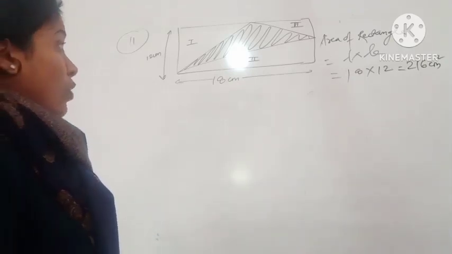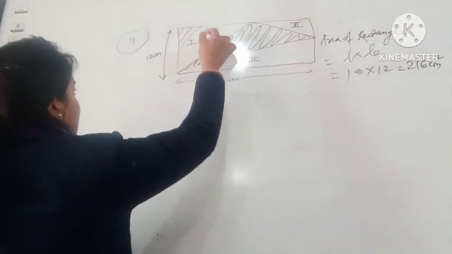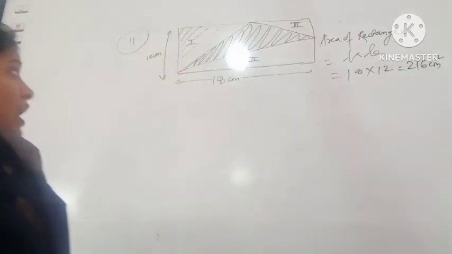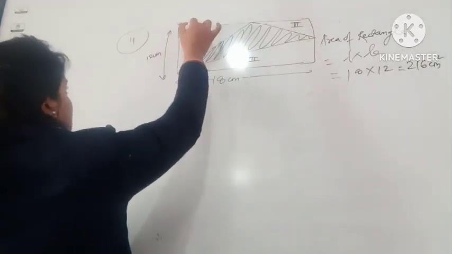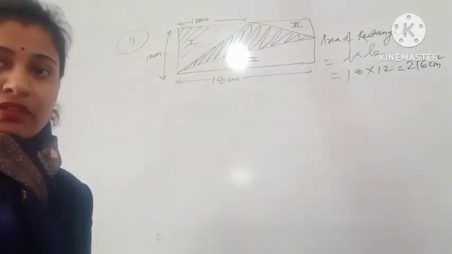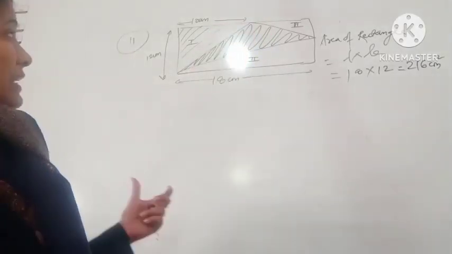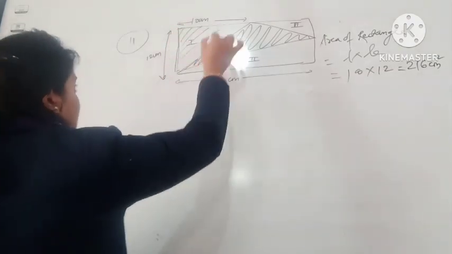Now this was the area of the rectangle. Now we can consider this first figure, the unshaded one. It is given that the distance of this is 10 centimeter. Dear, in the book it is mentioned 100, but please correct it, it is 10 centimeter. Now this is in the form of a right angle triangle.